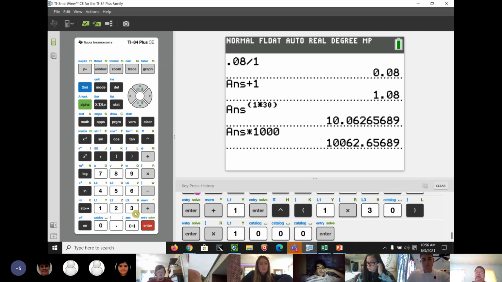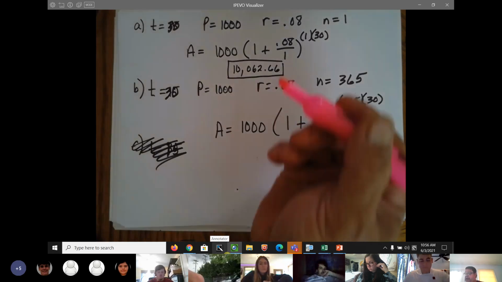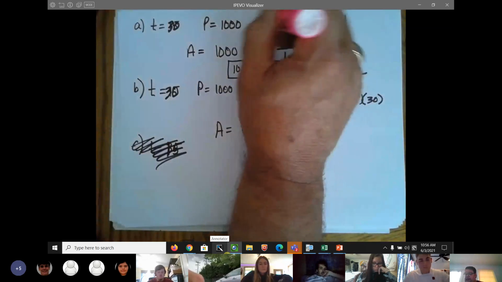So for A, you should get $10,062.66. Now again, I want to highlight this because I do want to warn you that banks don't pay 8% anymore.